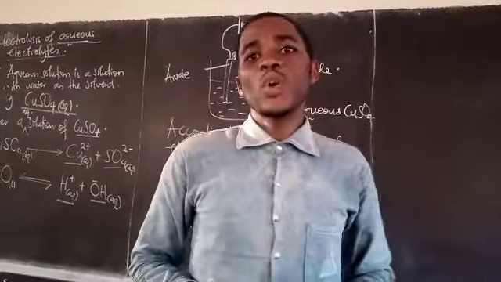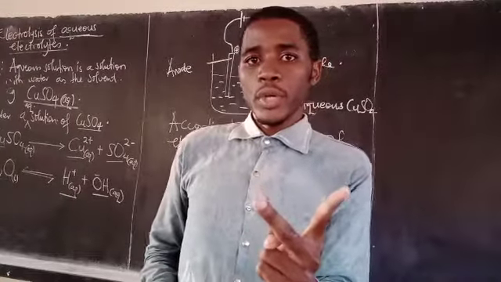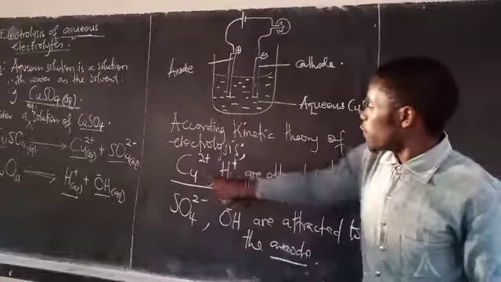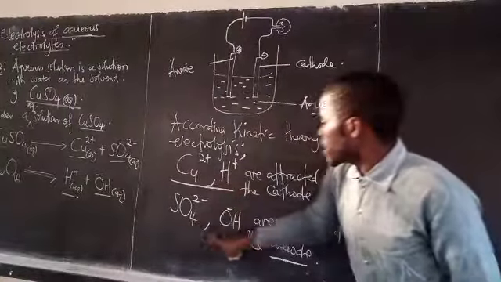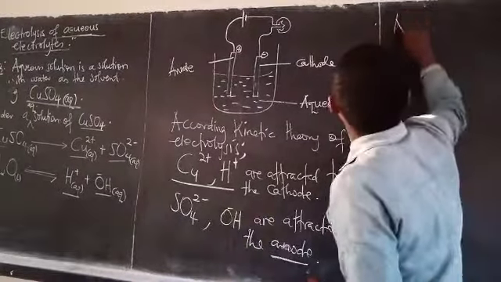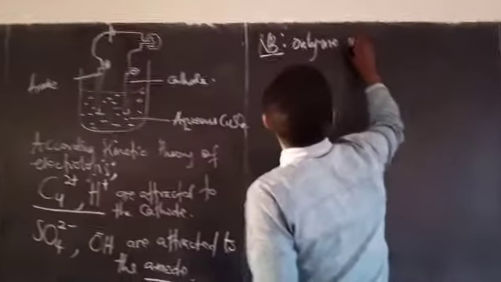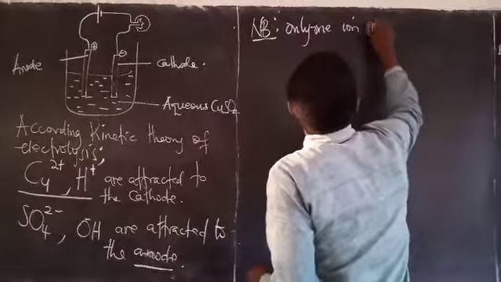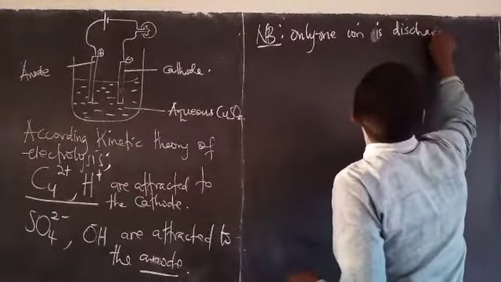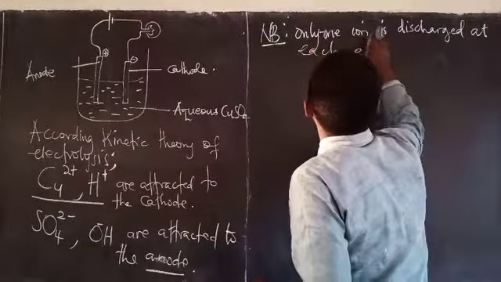In this case, we have two ions in each type. We have 2 positive ones, and also the negative ones are 2. Yet only one ion is discharged at each electrode.